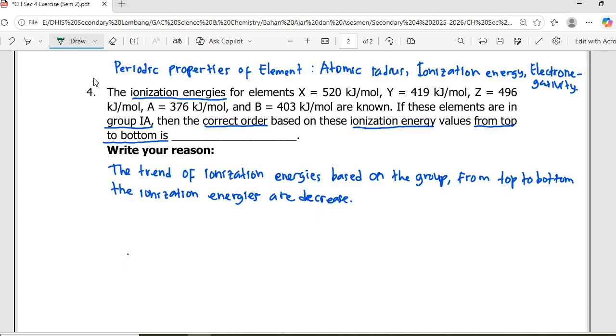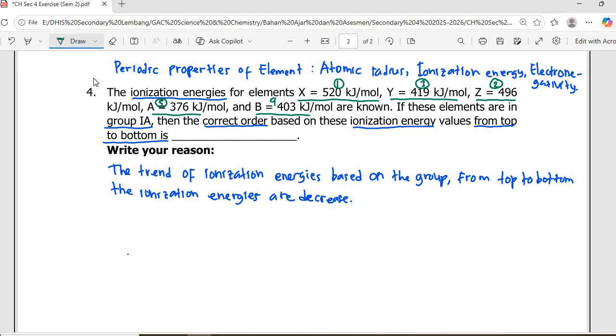It starts from element X, this is the first, and then the second is element Z, the third is Y, the fourth is B, and the smallest is A.